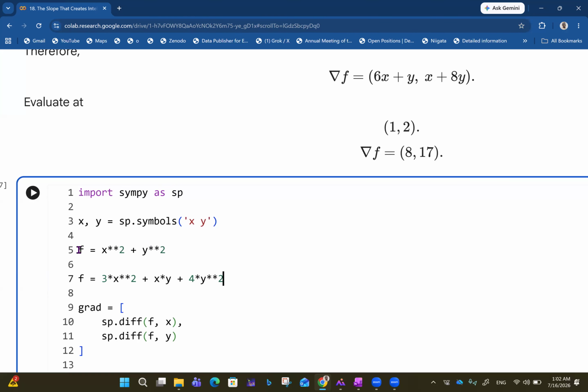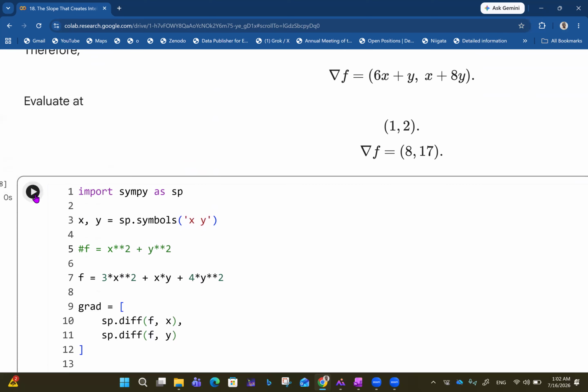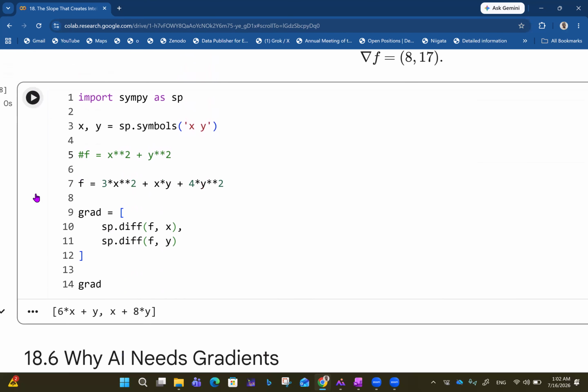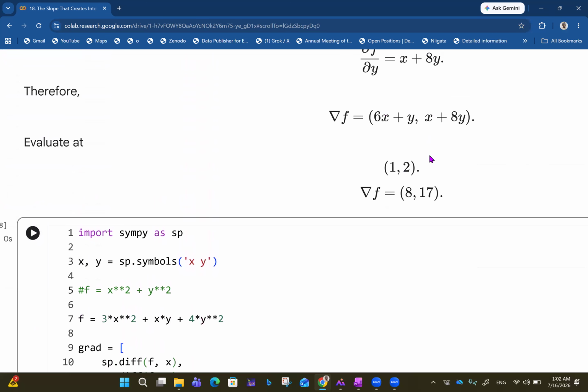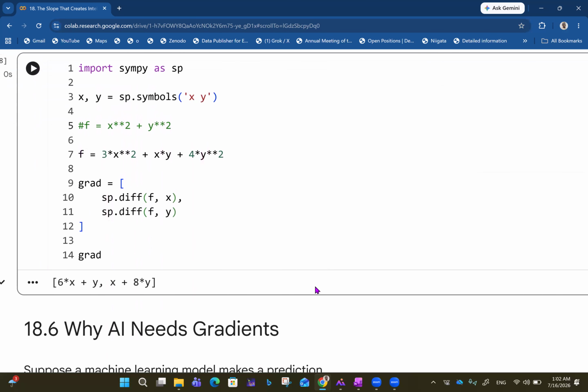If you run this, you also get 6x plus y, x plus 8y, that we have here. So anyhow you want to do it.